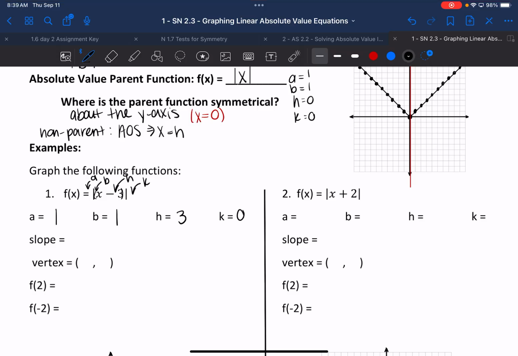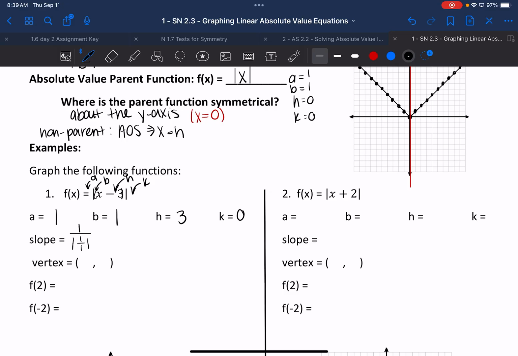Perfect. Okay. Now remember, the formula that they gave us for finding slope is a over the absolute value of 1 over b, which in this case is 1 over 1, right? So if I were to plug all that in, 1 over 1 is just 1.